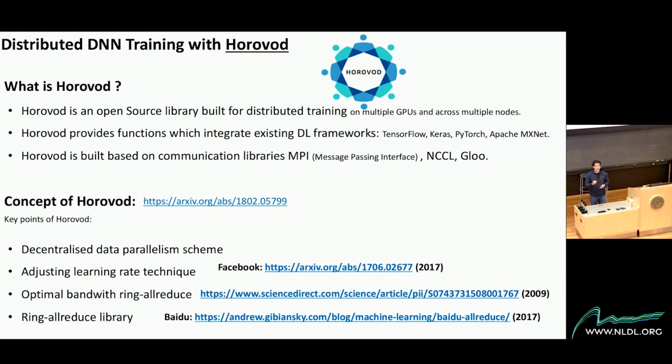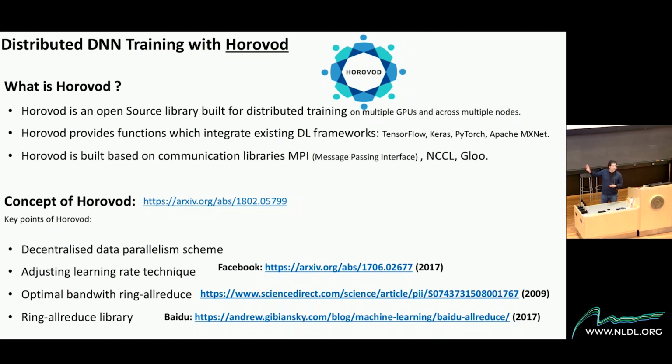But the most important thing about Horovod is really the result of these three papers. The first paper is by Facebook, where they show that adjusting the learning rate gives interesting results: instead of scaling the batch size, scaling the learning rate. Of course, the first aspect is decentralized data parallelism, plus scaling the learning rate.